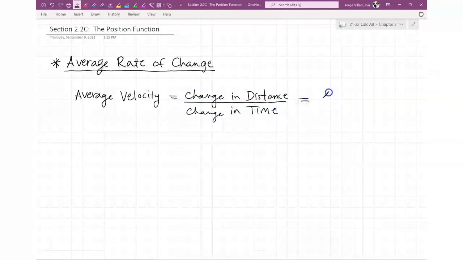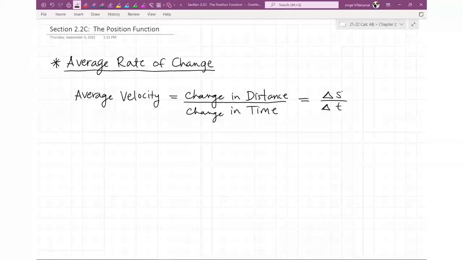Sometimes we put delta D over delta T. Okay, the triangle, actually we should probably use S instead of D here. Delta S. The triangle means the change in. So it's the change in S over the change in T. We use S for position.